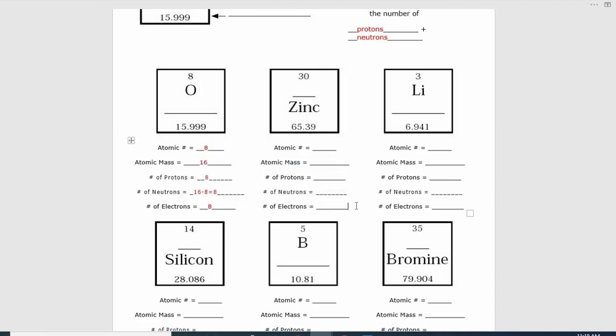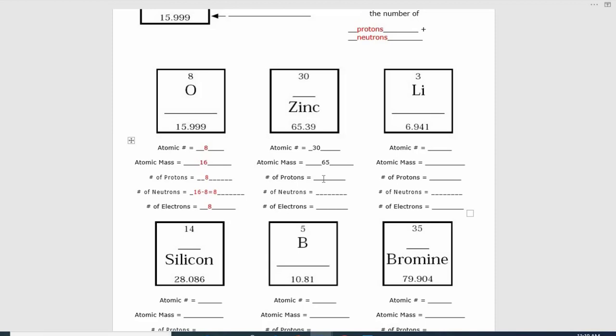Okay, let's move to the zinc. Here we have to write the oxygen because this is the name of it. And here the zinc, the symbol of it is Zn for the zinc. And he wants us to tell him about the atomic number, which is 30, the number which is up. And the mass number is the number which is down, which is 65.